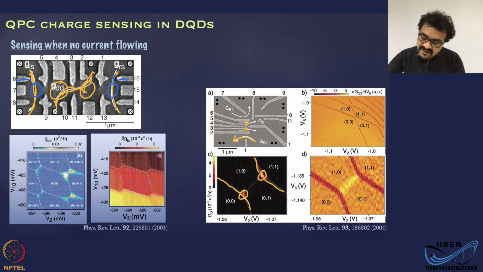And you can see that whatever data is obtained from the direct current measurement is visible in the charge sensing data also. But that is not the complete story. You can see here, when you measure the current, you get the information only at these two charge degeneracy points.